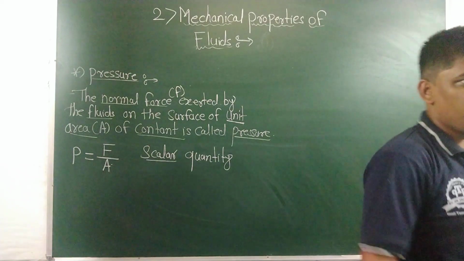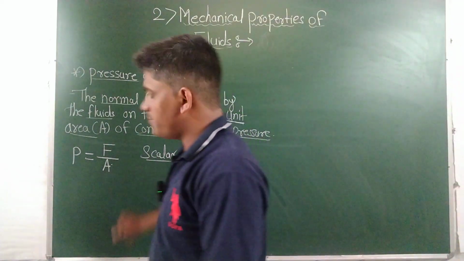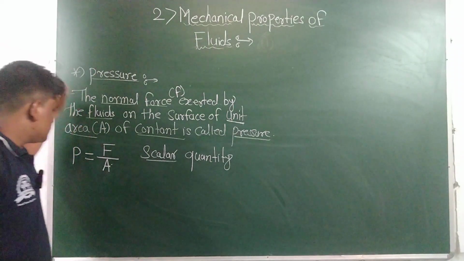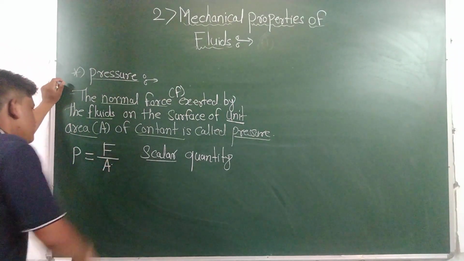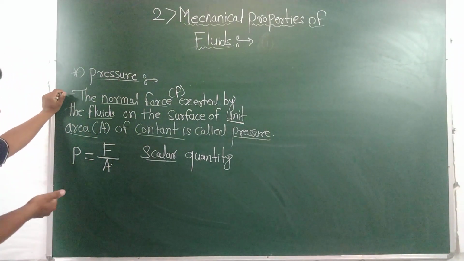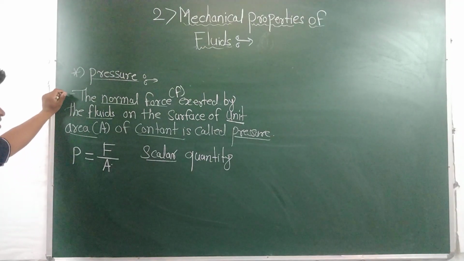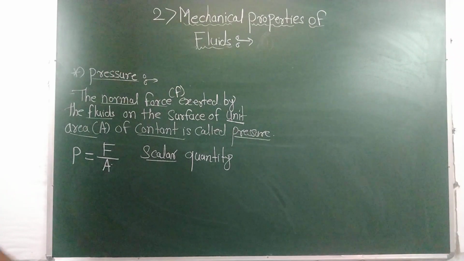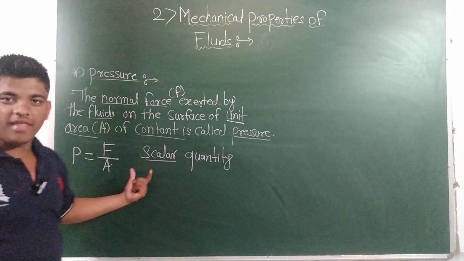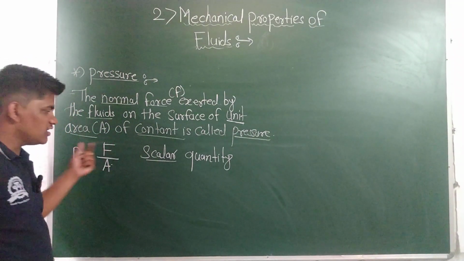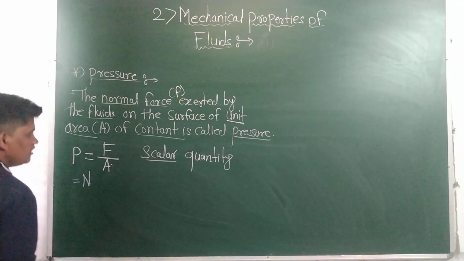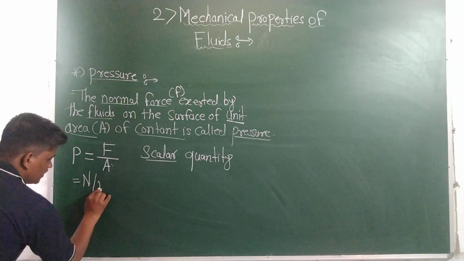We have the definition of pressure and the equation of pressure, as well as what is the unit of pressure. Once we know the equation of pressure, we can get the idea of its units. The unit of force is the Newton, and the unit of area is the meter square.